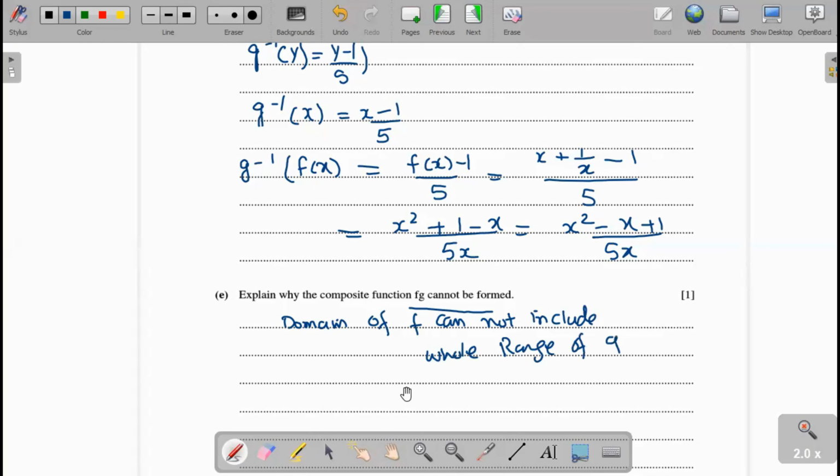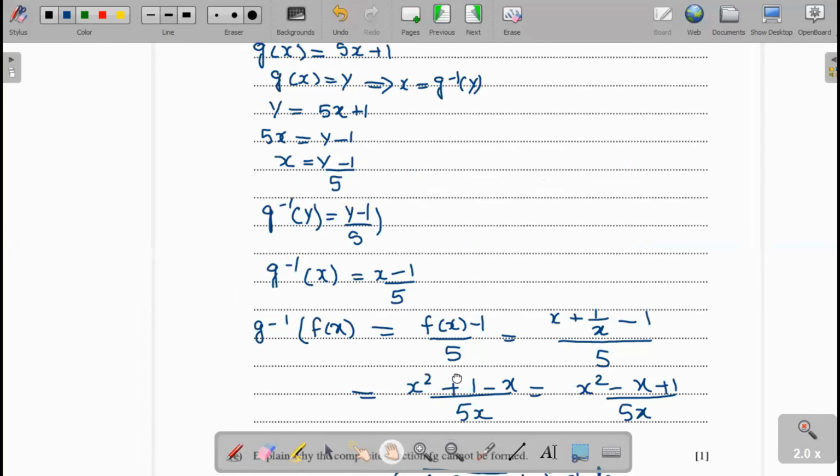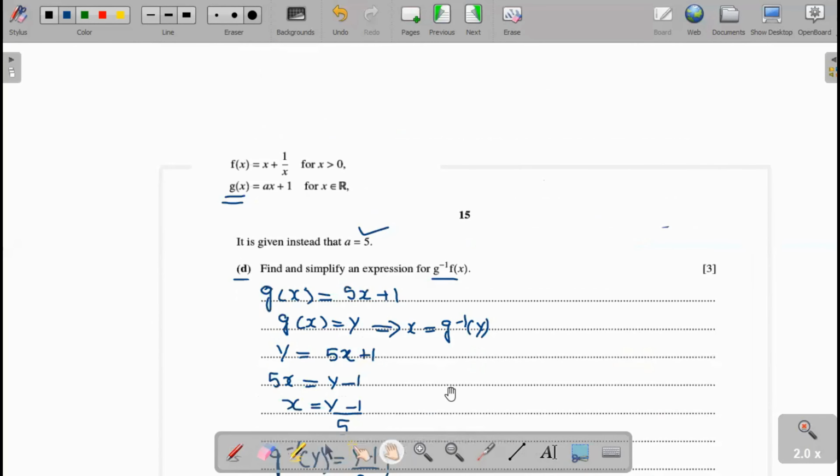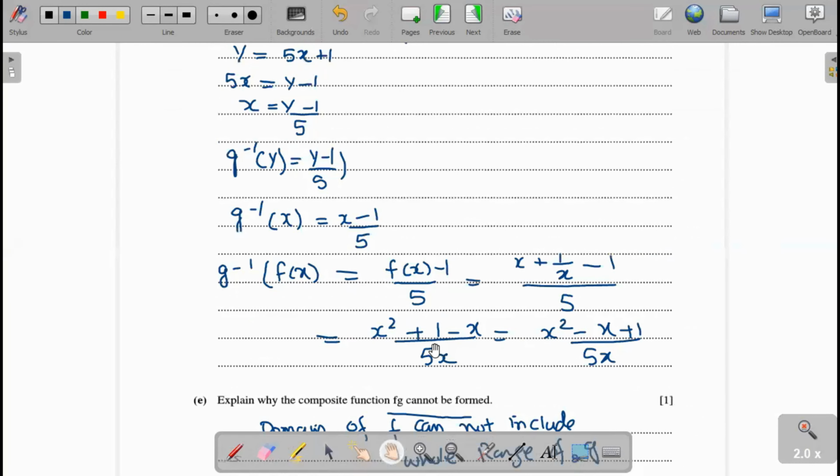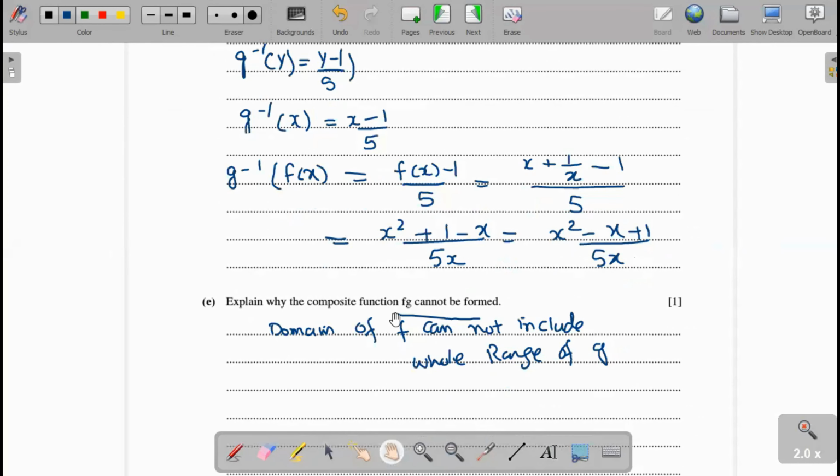You see here, the domain of f is x greater than 0. Therefore, the negative values are not included in this function. Therefore, the composite function cannot be possible.